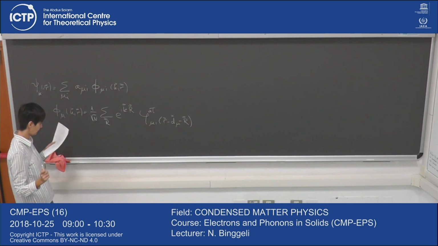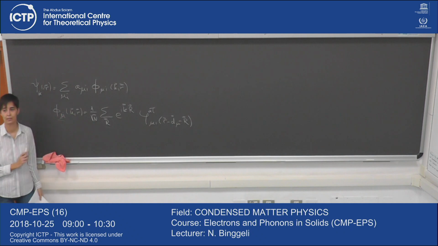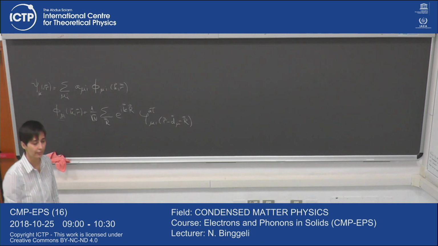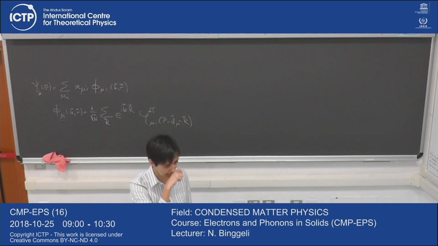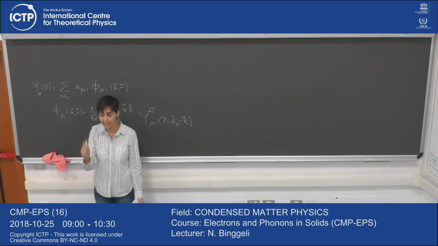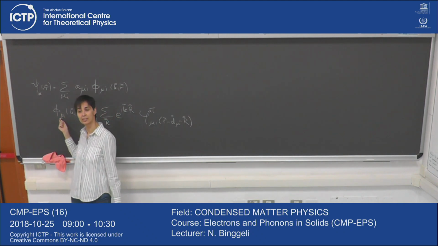Am I missing something? What is mu? Mu is the index for the basis per lattice. When you go to a lattice, you want to go to different basis. So if I have, let's say, BCC iron, iron in a BCC lattice, what is mu?